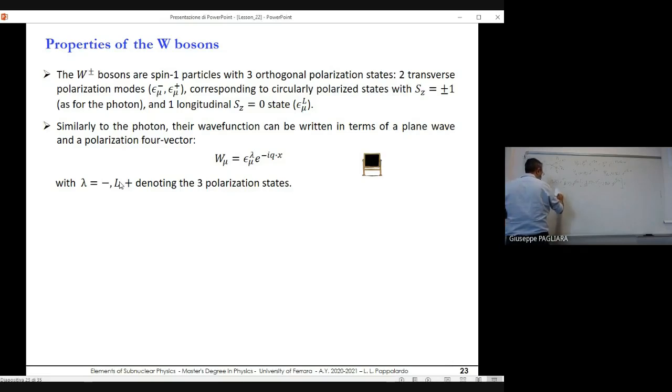And then we have the current u bar 3 gamma mu (1 minus gamma 5) v. Let's write this in an equivalent way as minus i g over square root of 2 epsilon mu lambda u bar 3 1/2, and then we put here gamma mu (1 minus gamma 5), and then we have the antineutrino.